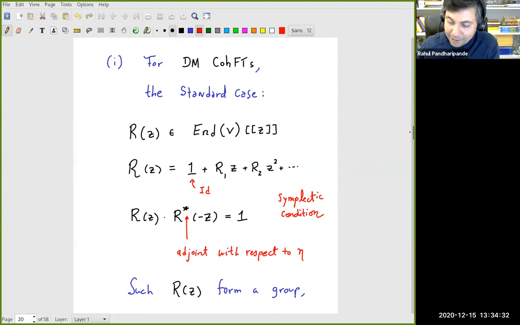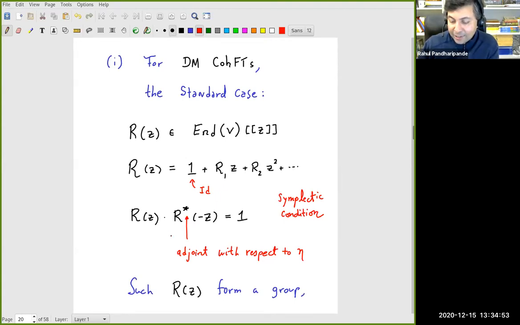So for a Deligne-Mumford CohFT, there's the standard case. There are going to be two things: the R matrix and the T matrix. The R matrix is the first one, and it's usually written this way. It's a power series in z whose coefficients are endomorphisms of our vector space V. Moreover, it should start with the identity endomorphism.